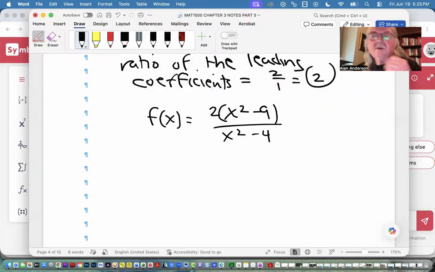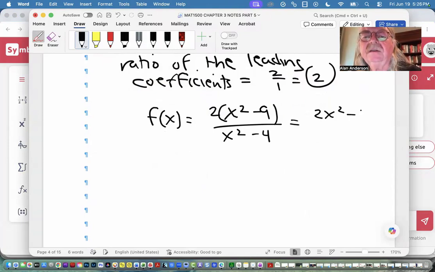Now, this is going to require the quotient rule. First, let's rewrite it like this.